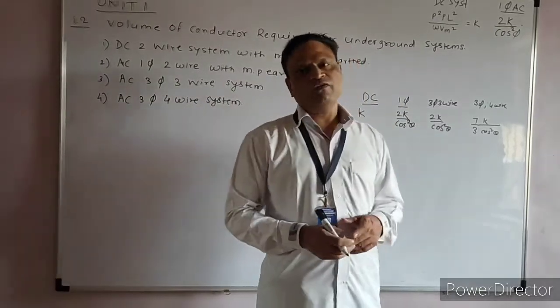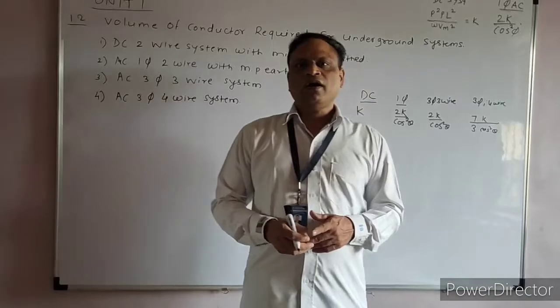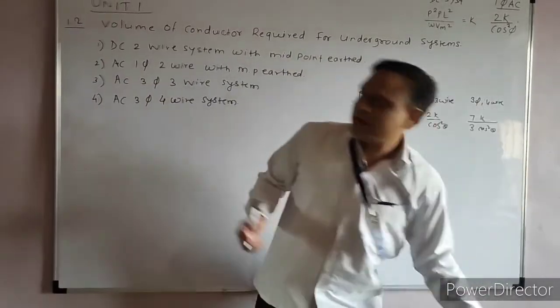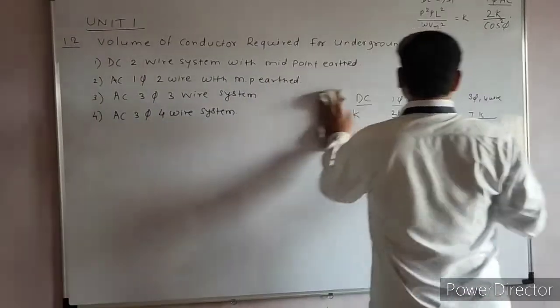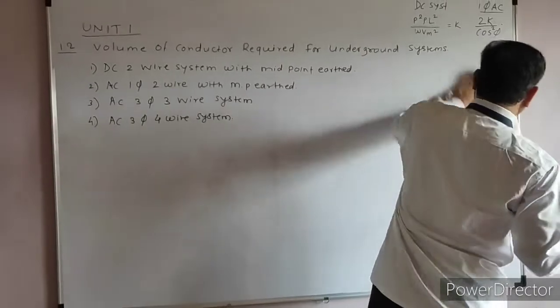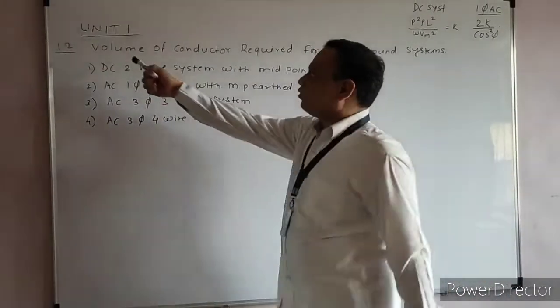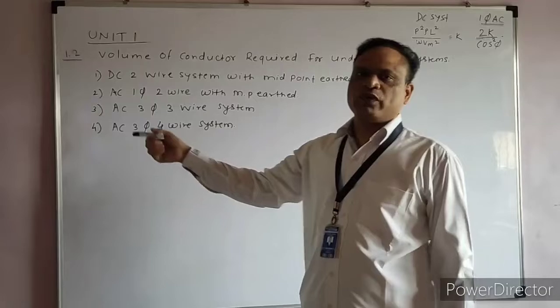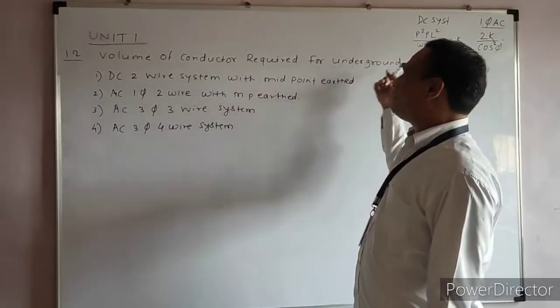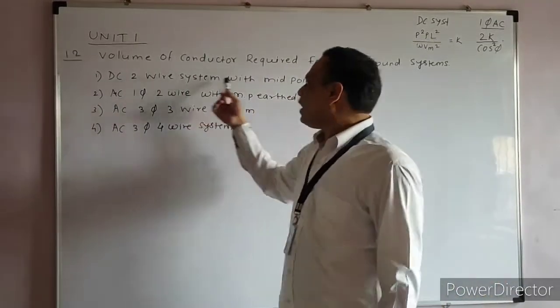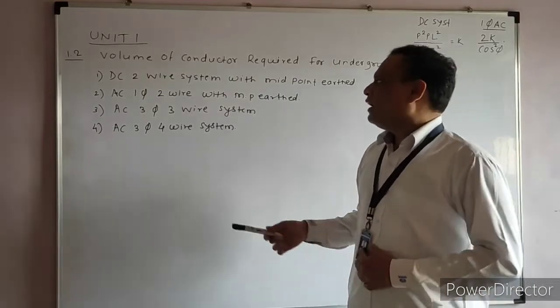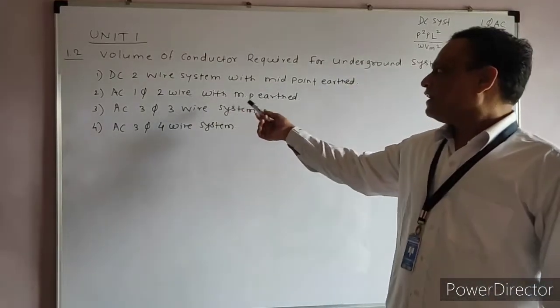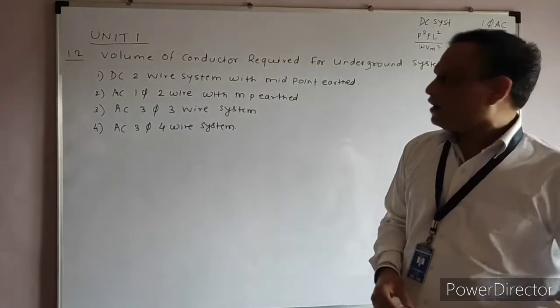Now let us see the volume of conductors required for the underground systems. Various underground systems we will be comparing for calculation of volume. The same systems we will compare for volume requirement of conductor, that is the DC 2-wire system with midpoint earth and the AC single phase 2-wire system with midpoint earth.